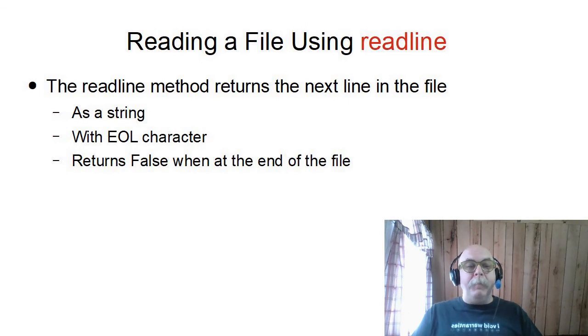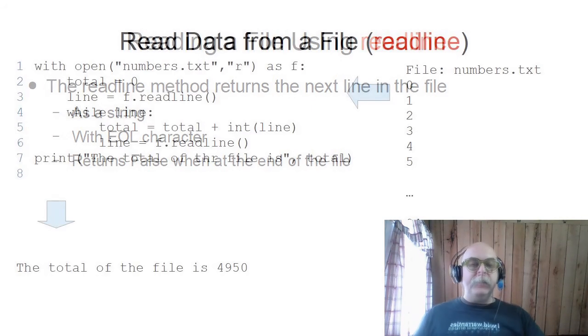So the readline method of the file object returns the next line as a string. The EOL character is still hanging out there on the end, and it returns a false value instead of a string when we get to the very end of the file. So we can use that in a loop to read the whole file in.